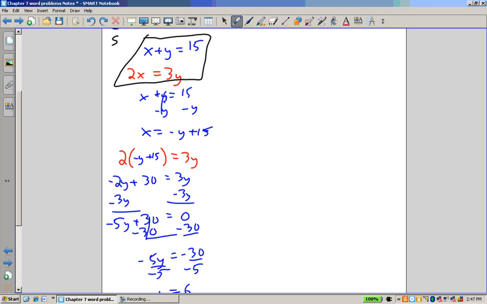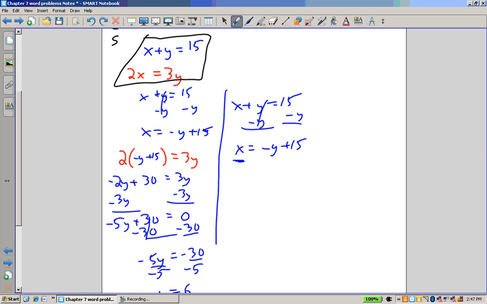Okay, so let's try it. X plus y equals 15. Let's just solve for x. X equals the opposite of y plus 15. So we have x by itself. Now let's solve for x in the red. And we have x there as well. So now we're just simply going to stick them together.